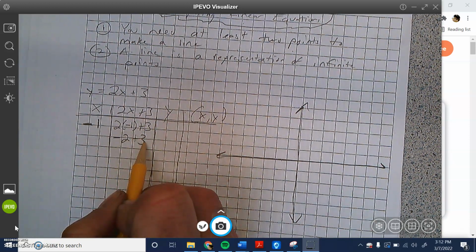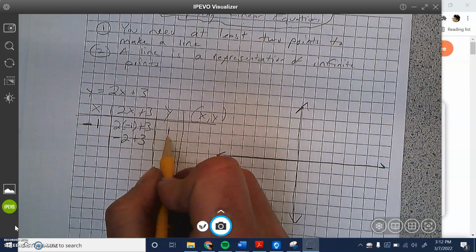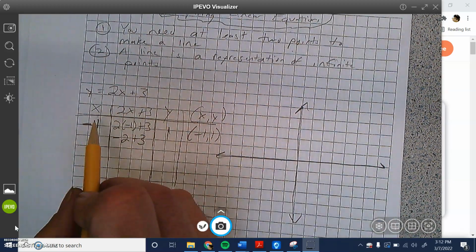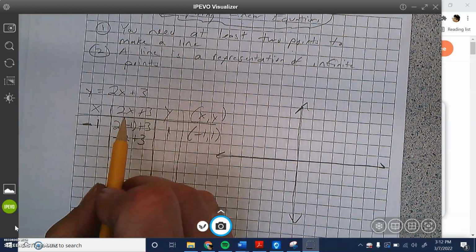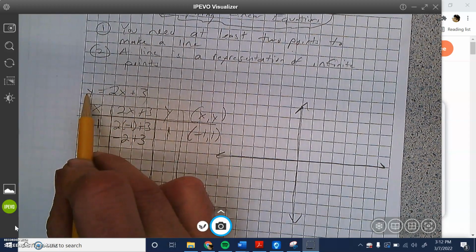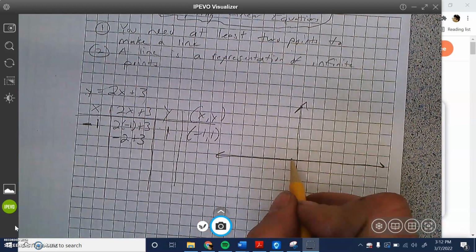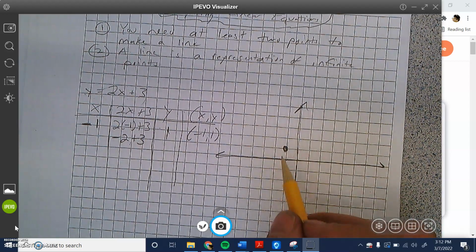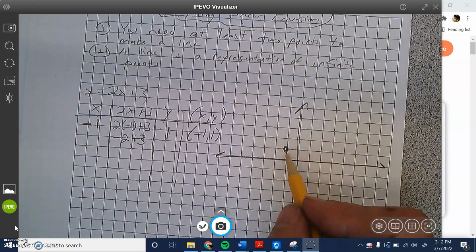Use your number line if you have to. That would be 1. So -1, 1 is a point: -1 for x, 1 for y. When you plug that in, you get 1, and 1 equals y right there. So -1, 1, bam.